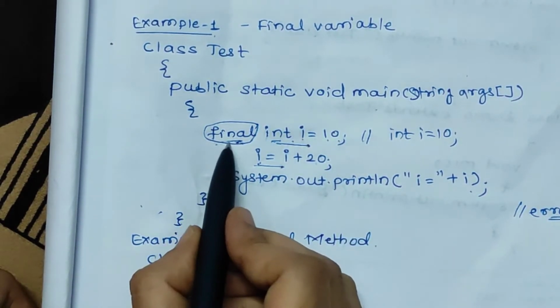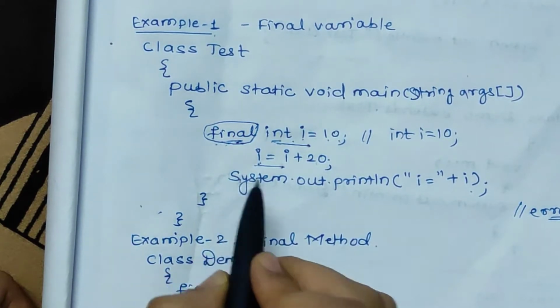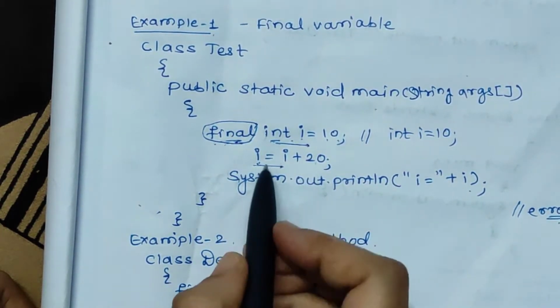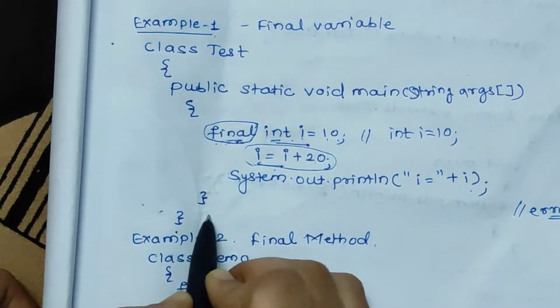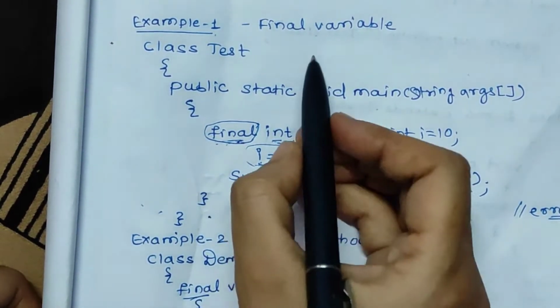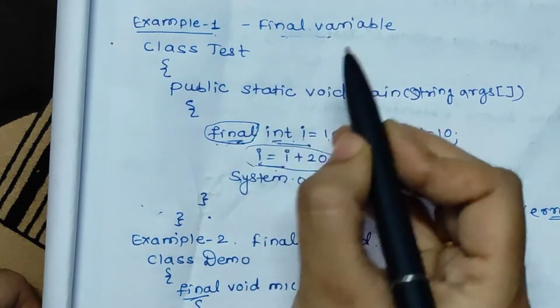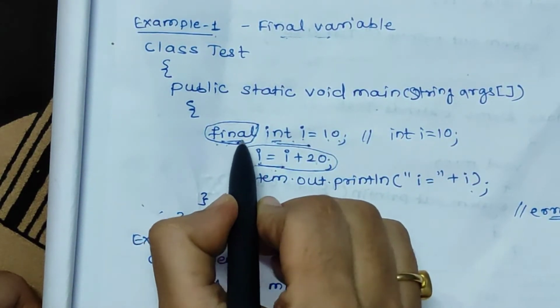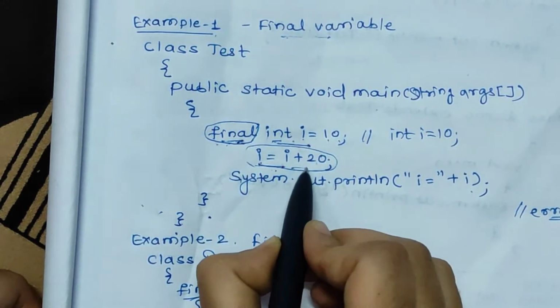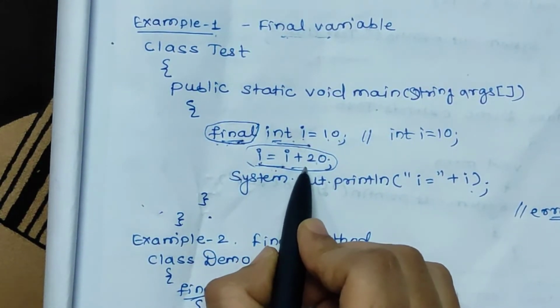It is like a constant now. You cannot change the variable. That's why if you try to change the value at this statement, it will give you an error. So we can say that if we define a final variable, then the value of that variable will not be changed throughout the program, and if you try to do so, it will give you an error.